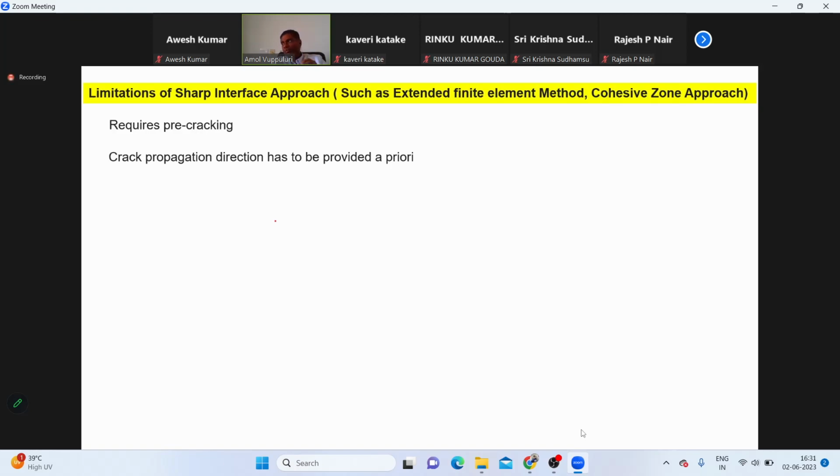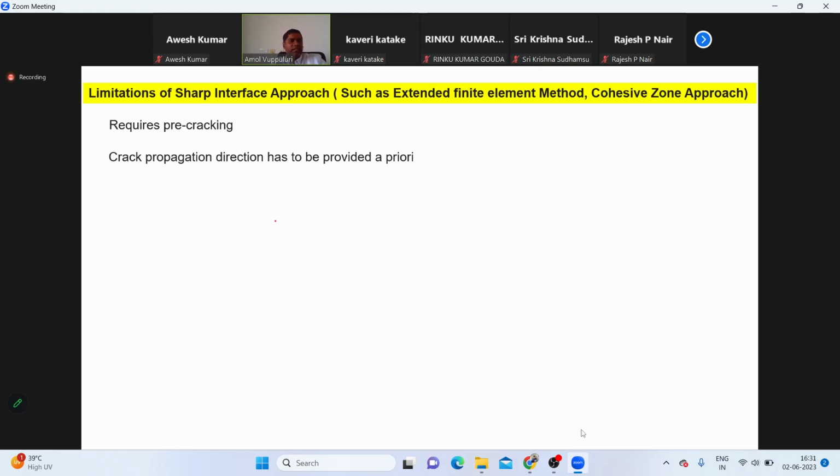Once you have a notched body, you create a cohesive zone, and the crack is going to propagate only in that zone, which is not practical, especially if you have multiple cracks, they are going to interact, or even if the loading is not mode 1 or mode 2 but a combination of these loadings, then it is not possible to decide before the beginning of the simulation itself where the crack is going to go.